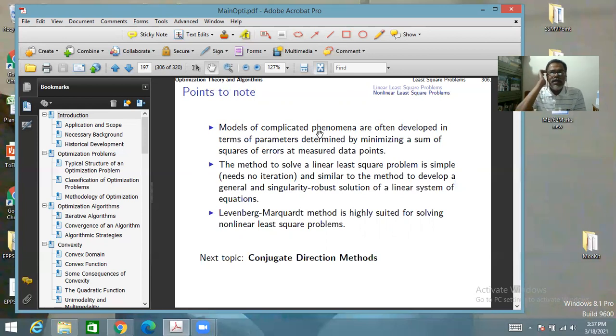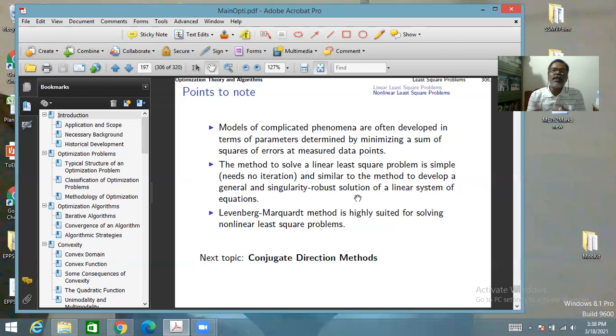Least square problems are formulated to minimize the norm of the errors of the experimental result. For linear least square problems, there is a very straightforward mechanism to solve the problem, which is actually very close to a general formulation for solving linear systems of all kinds, a general system of linear equations.